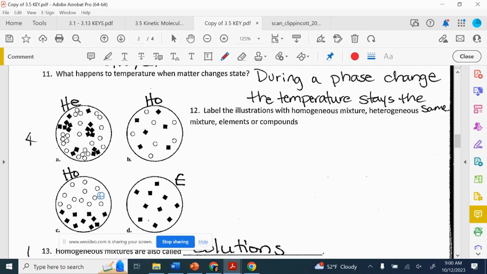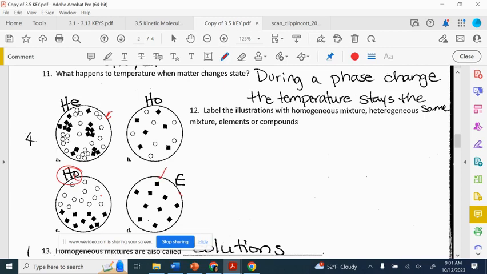Yeah, that's right. Okay. Yeah, we can talk about that one. I think that's mislabeled. I think that should be an E. So these are different size particles here. So that's why this one's classified as heterogeneous. This one's homogeneous. It's a mixture of two different elements. This is just an element down here. These are all the same.